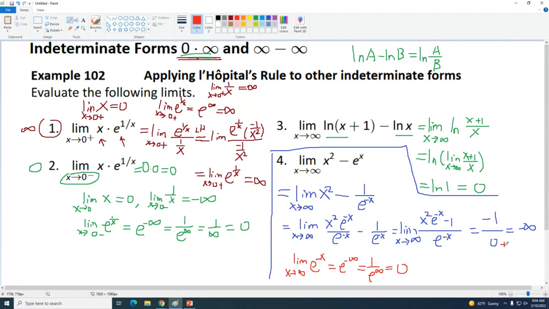The denominator is positive, the numerator is negative, and that's what's making it negative. Another fact that we're applying is that the limit of x squared e to the negative x equals 0, right?